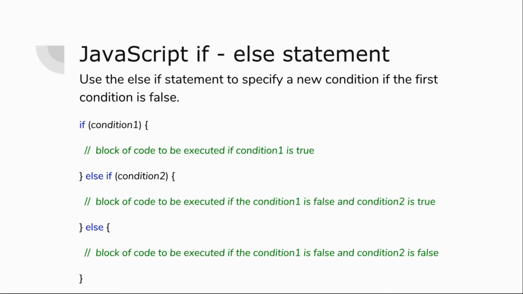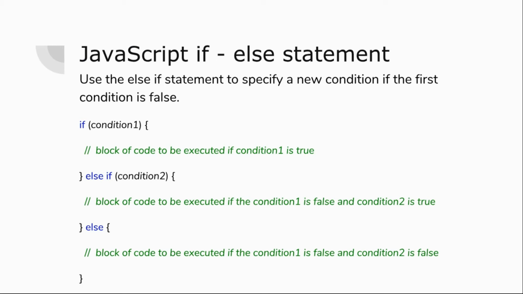The JavaScript if else if statement is a multi-layer if else statement. If the first condition does not execute, then it executes the second. Else if that is not true, then it executes the third. If the condition is true, the block of code is executed. If it is not true, then it goes to the else part.